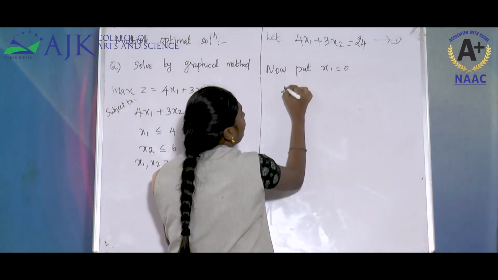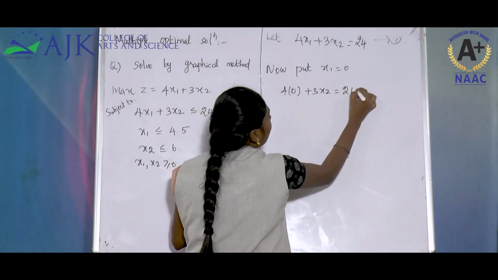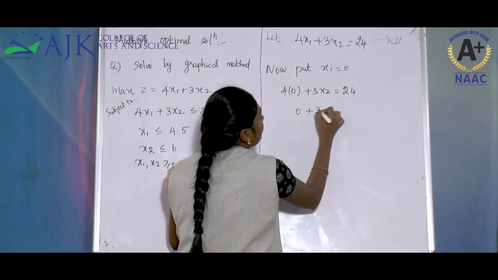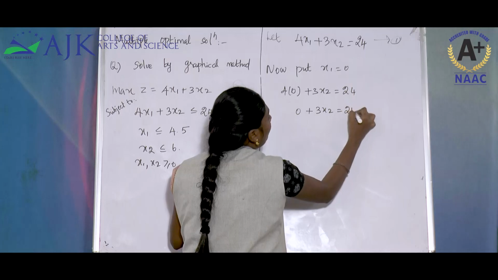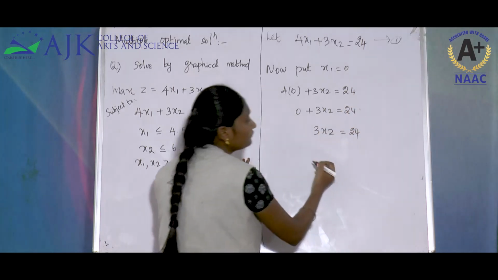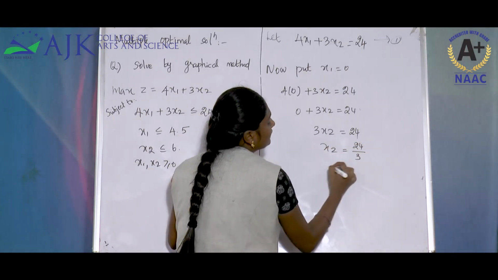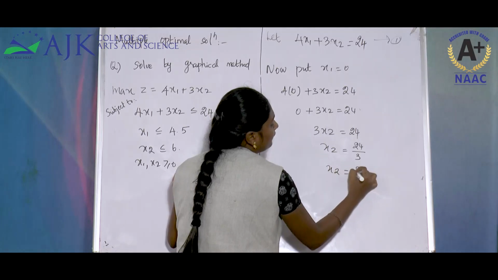So 4 into 0 plus 3x2 is equal to 24, that is 3x2 is equal to 24, so x2 is equal to 24 by 3, that is x2 is 8.